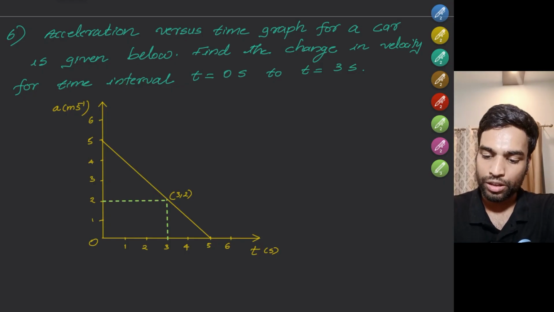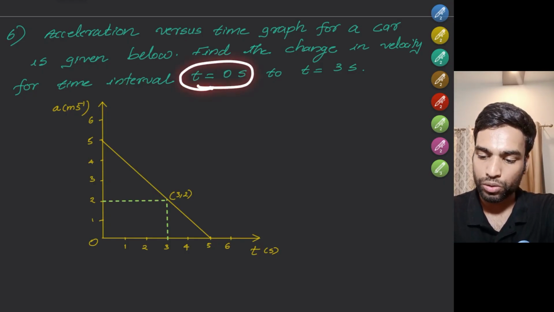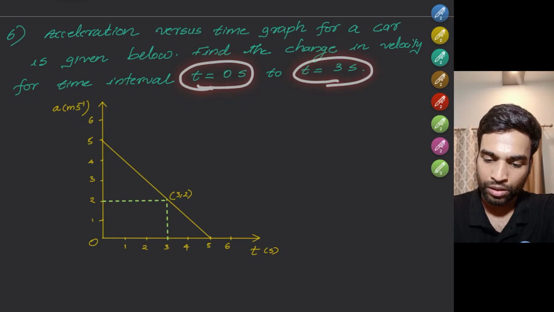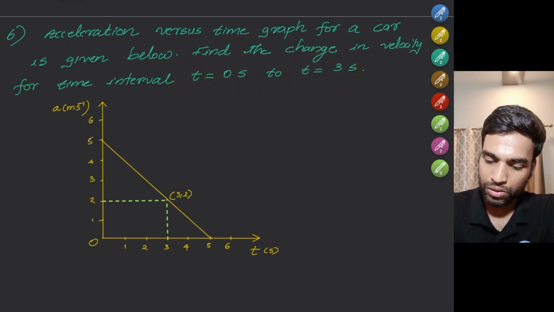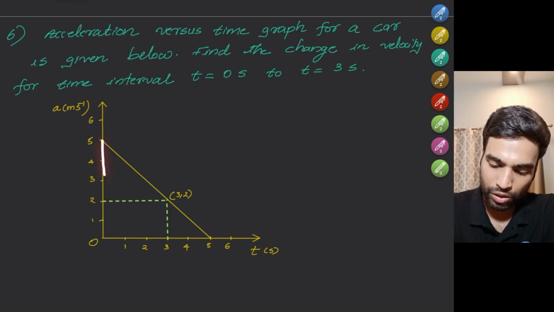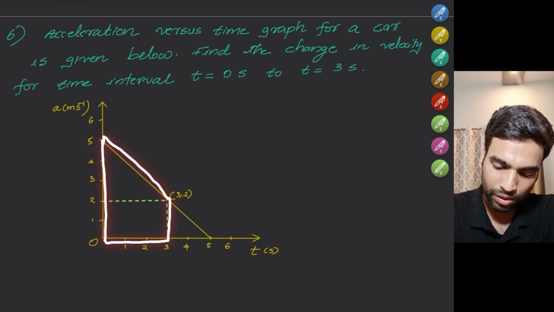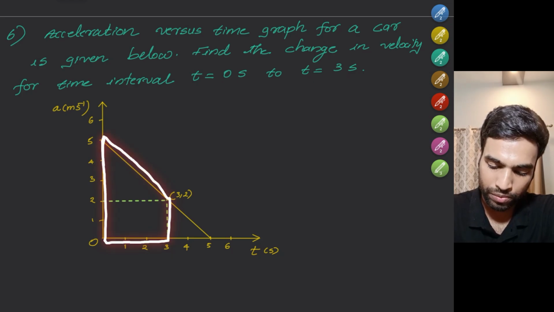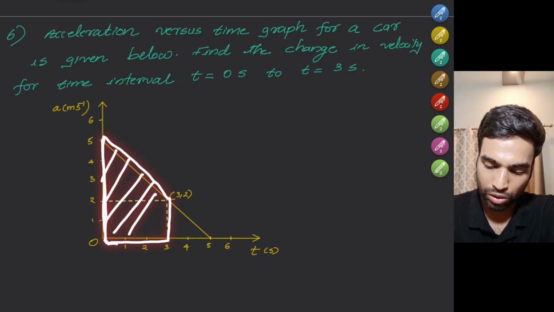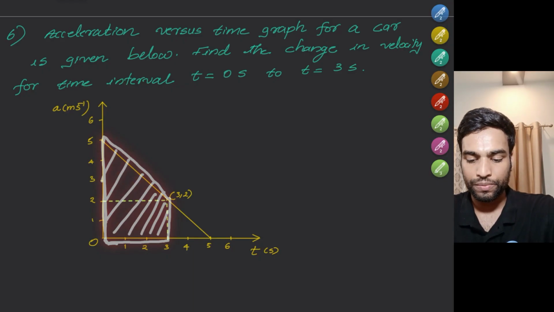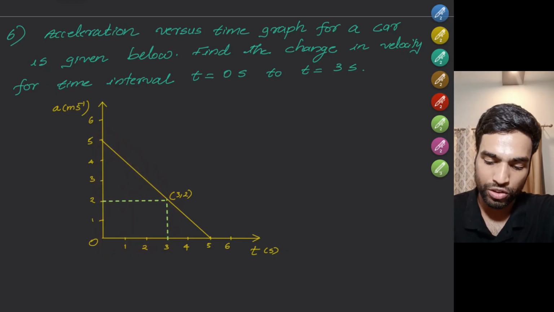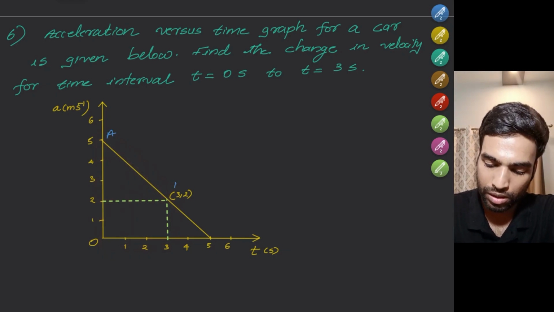Good. So the interval is from t equal to 0 to t equal to 3 second. Now if you concentrate, the required area will be from 0 to 3, right? So basically, to find the velocity change, you can just find the area under this curve, which is essentially the area of the trapezium ABCD.